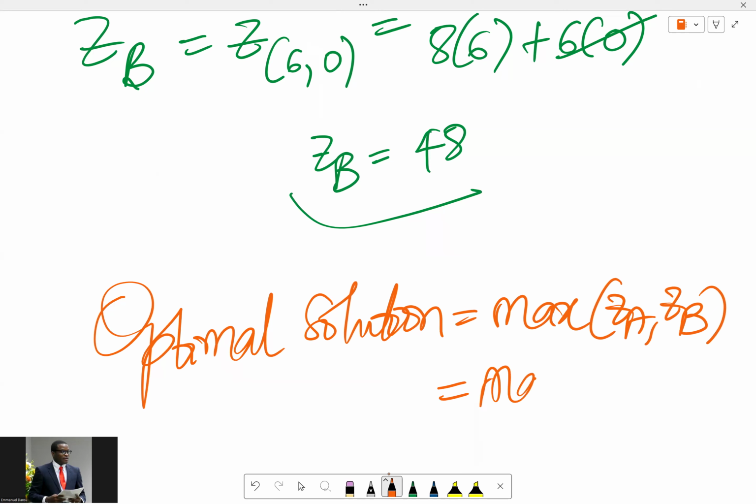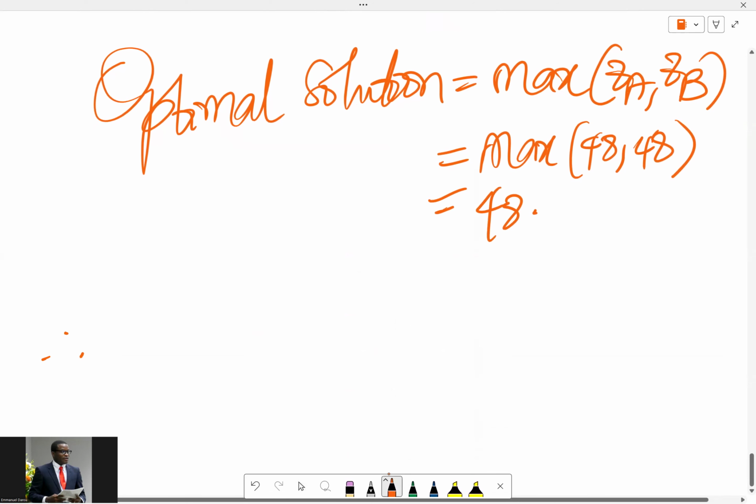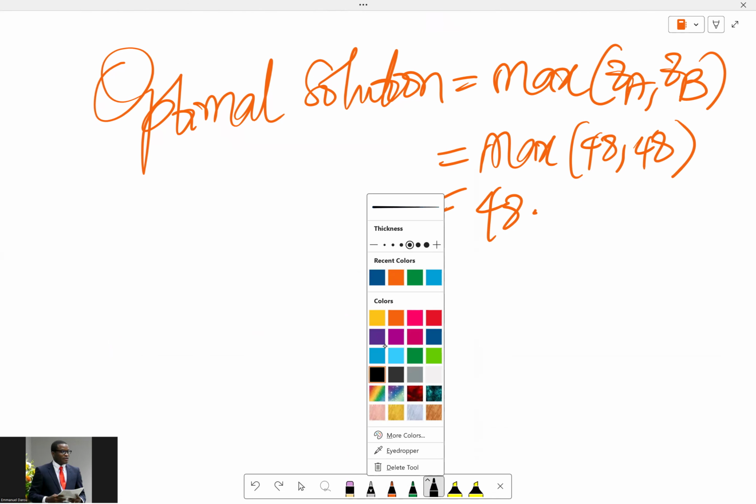So that's the maximum of 48 and 48. You can see the two solutions are exactly the same. So that's 48. Let me go black again. You can see the two different points are giving us the same optimal solution, right? So either way, you get the same value.